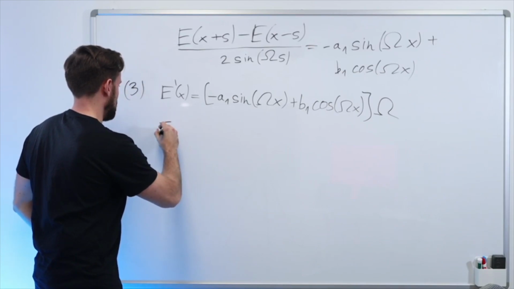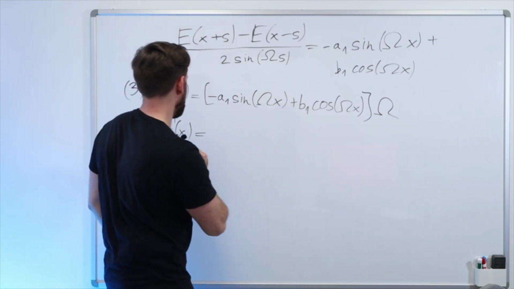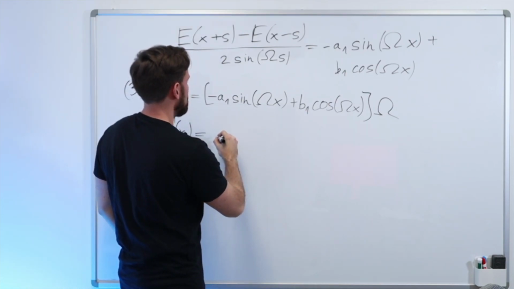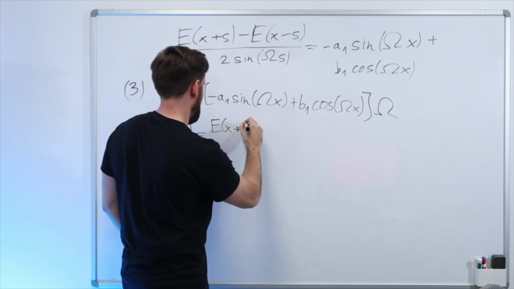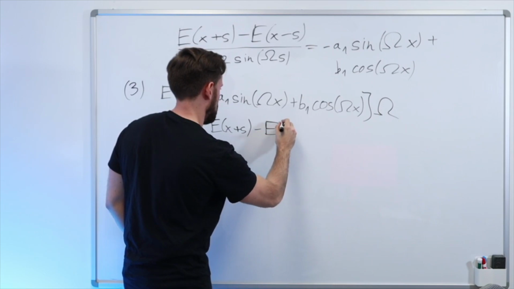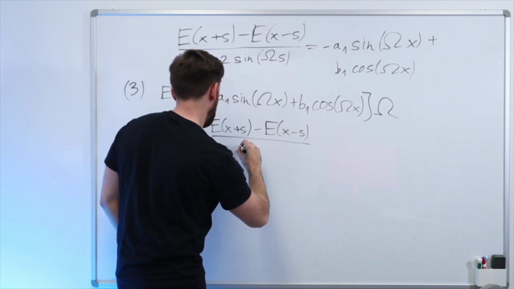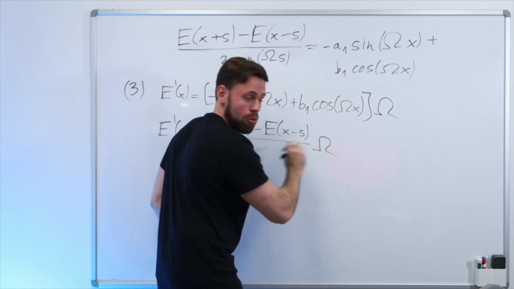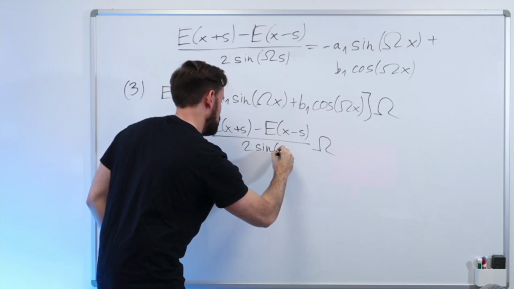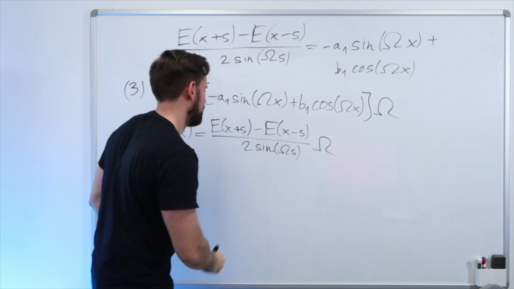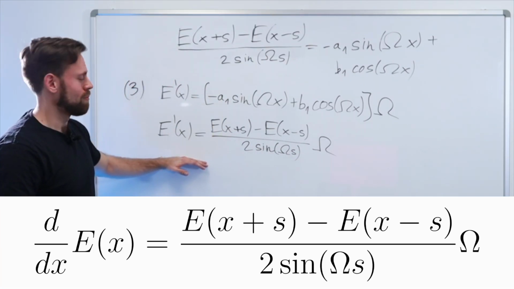What we will get is that the derivative of the expectation value Ex is going to be Ex plus S minus Ex minus S, times omega, divided by 2 times sine omega S. This is the two-term parameter shift rule.